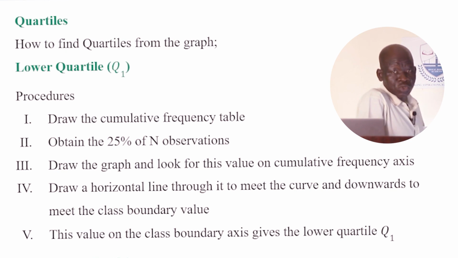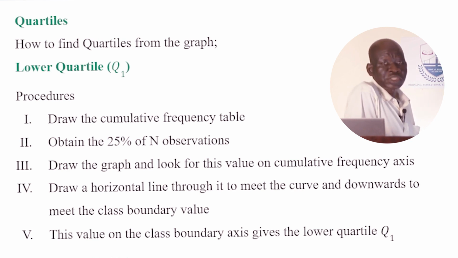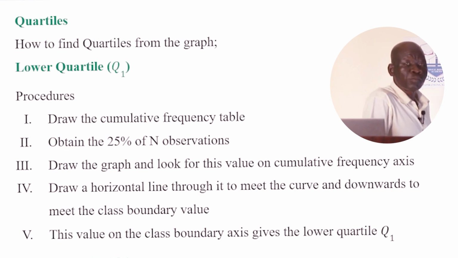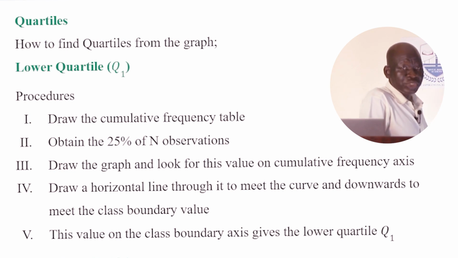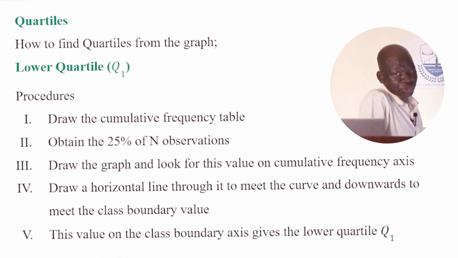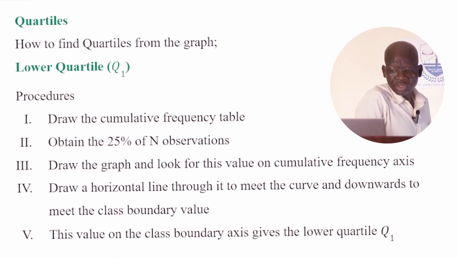The graph that we draw is the cumulative frequency graph, which is a graph of cumulative frequency against the upper class boundaries. That is to say, cumulative frequency on the vertical axis and the upper class boundaries on the horizontal axis. So we draw that graph.